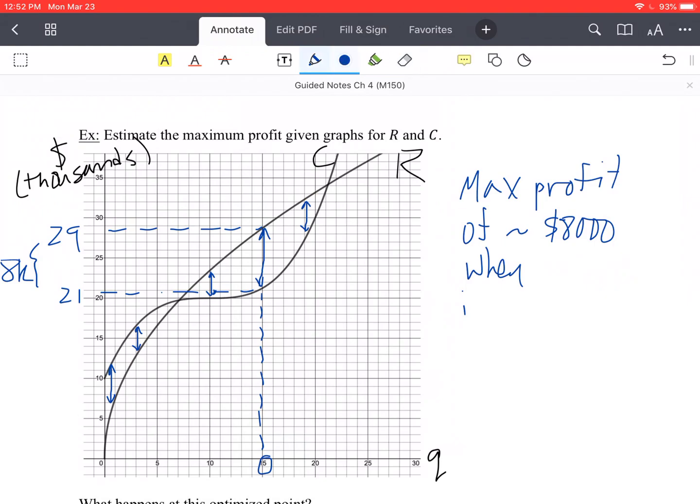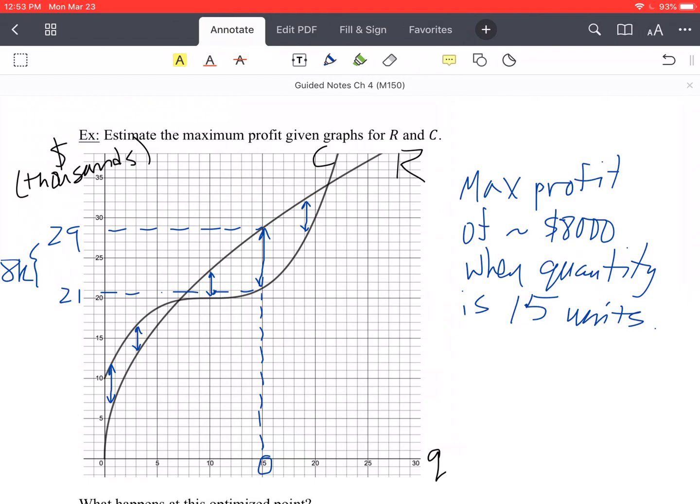Okay, it means the same thing, but I'll keep it with the Q. When quantity is 15 units. Okay, and again, this is when the difference between revenue and cost is the greatest.